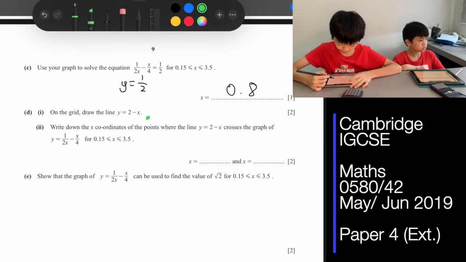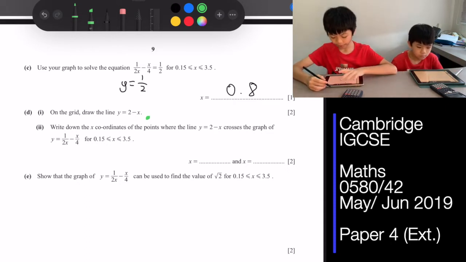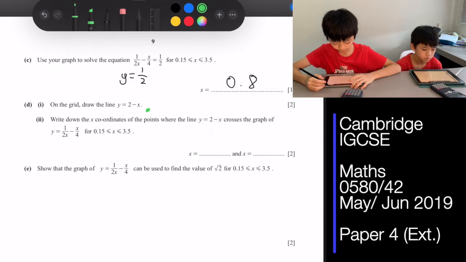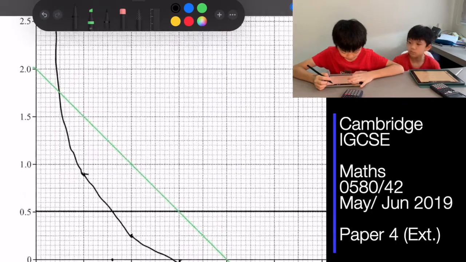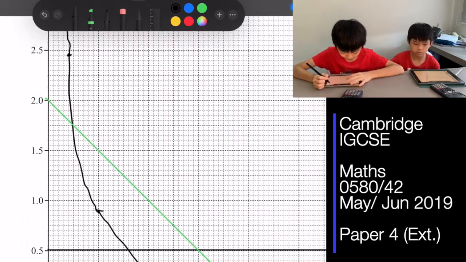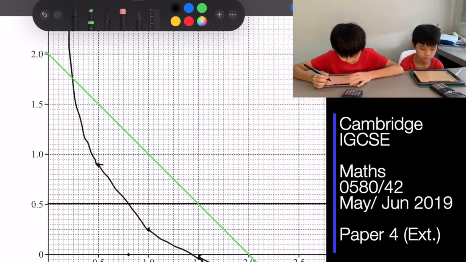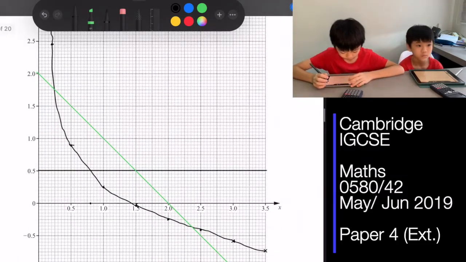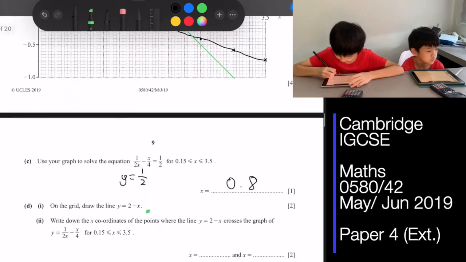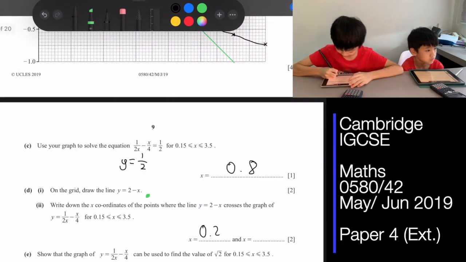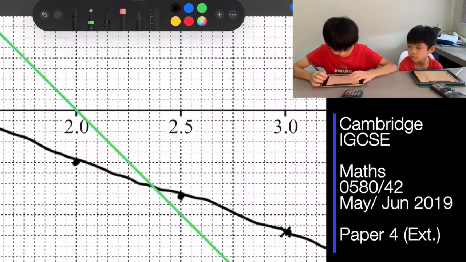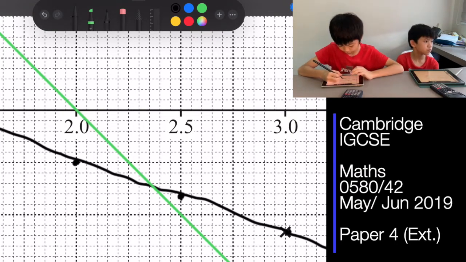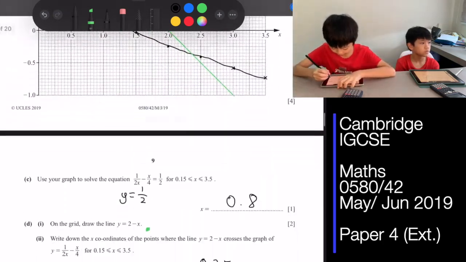Write down the x coordinates of the points where the line y equals 2 minus x crosses the graph. The first x coordinate looks like 0.25, somewhere near there. And the other x is 2.25, 2.35, somewhere there.